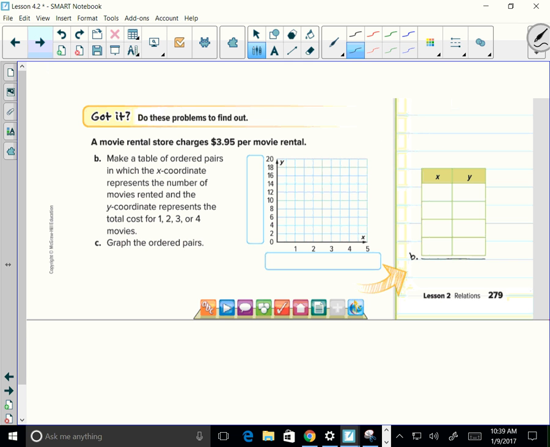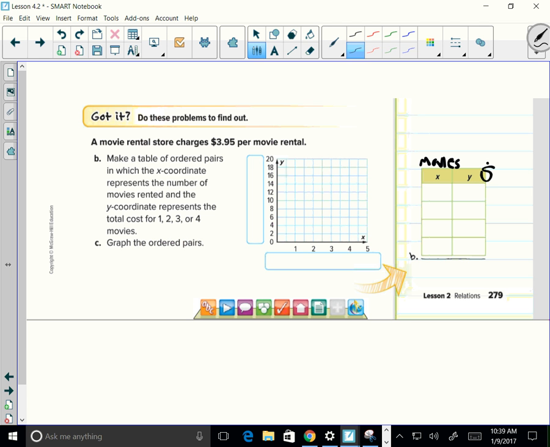So let's go ahead and do this last example here. It says a movie rental store charges $3.95 per movie rental. Make a table of ordered pairs in which the x-coordinate represents the number of movies rented and the y-coordinate represents the total cost for 1, 2, 3, 4 movies. So let's go ahead and set up our table here. We know that x represents the number of movies, and then y is going to equal the money.